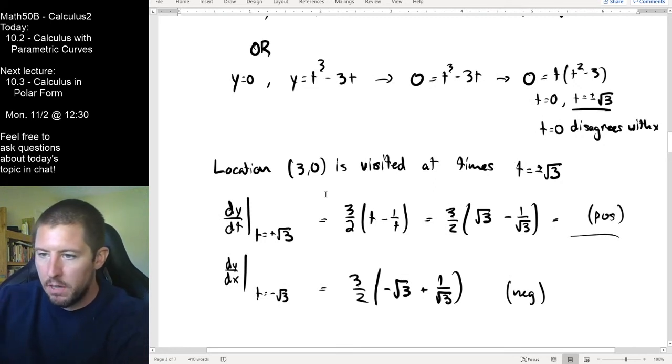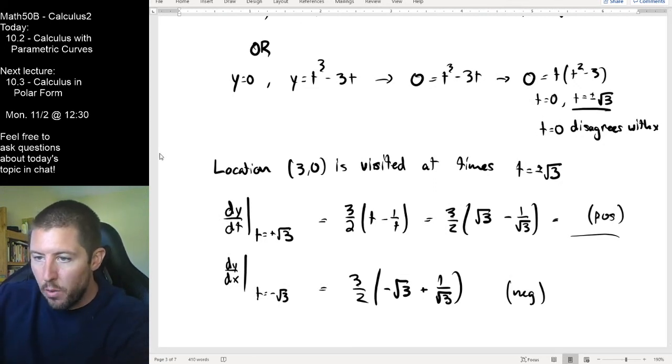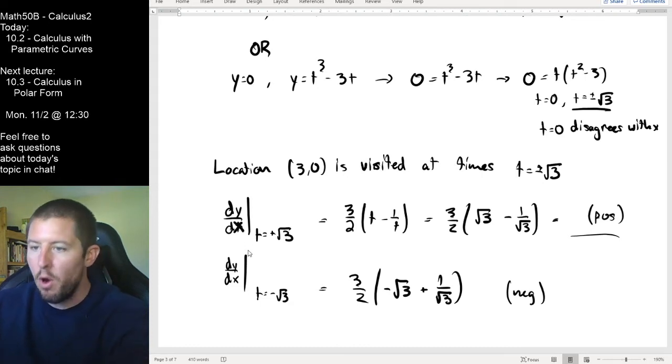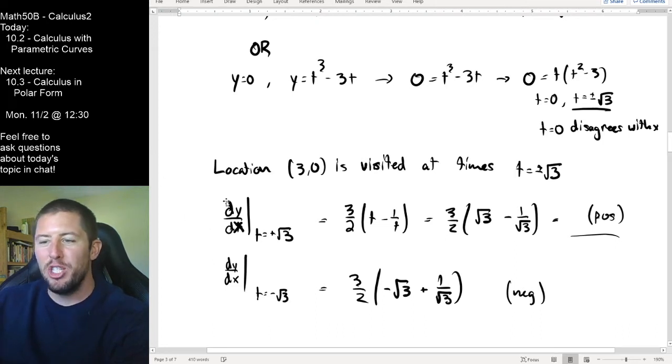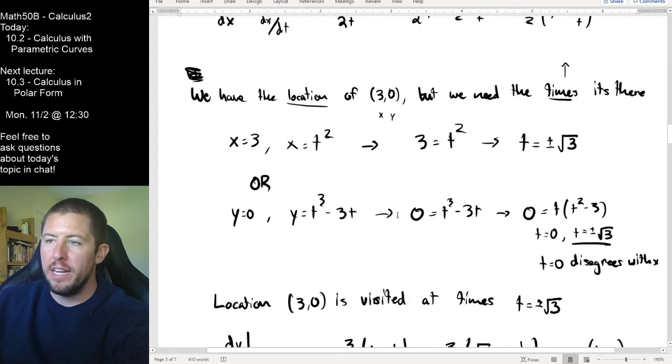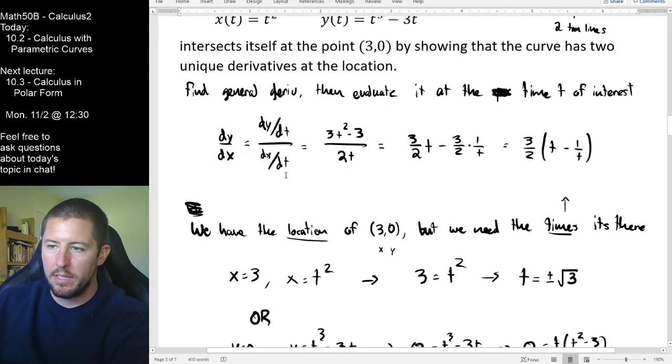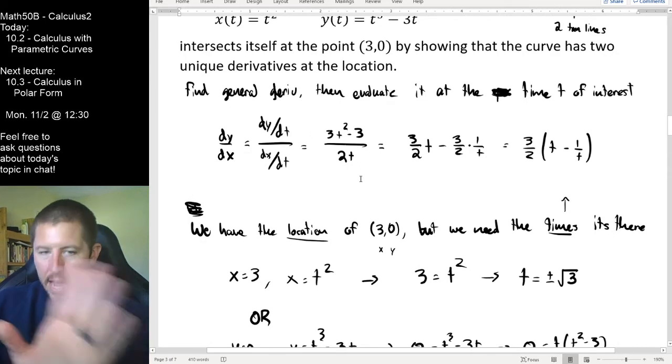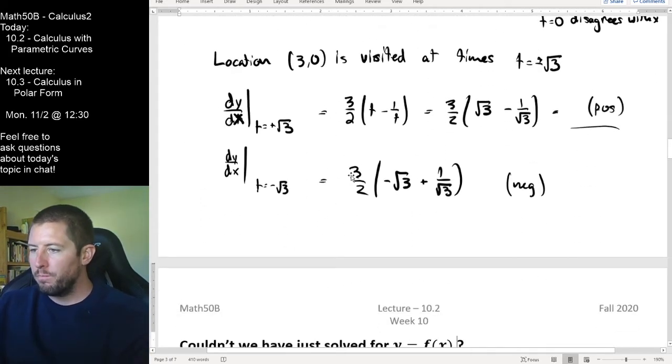You're right there, Coffee Gopher. I should have a dy dx right here. That was correct. We are looking at the general derivative overall. Yep, you're totally right there. I'm probably going to make more of those here today. So that was a general derivative of the curve at a time, and we needed the derivatives with respect to t to compute that dy dx right there. You're totally right. You got it.